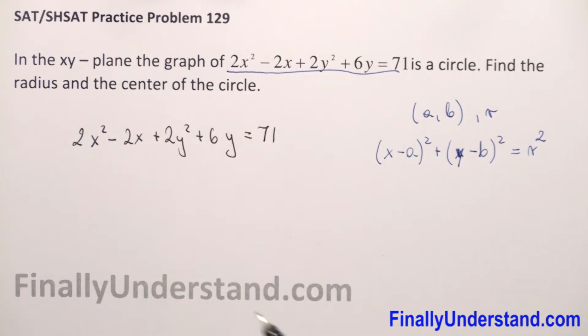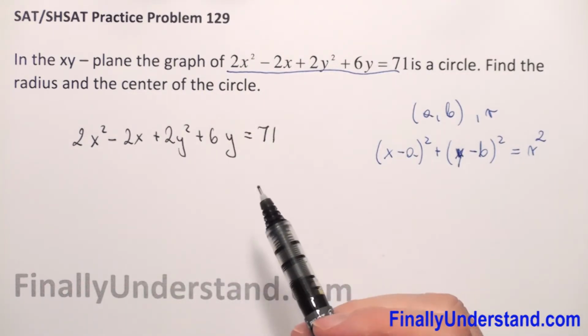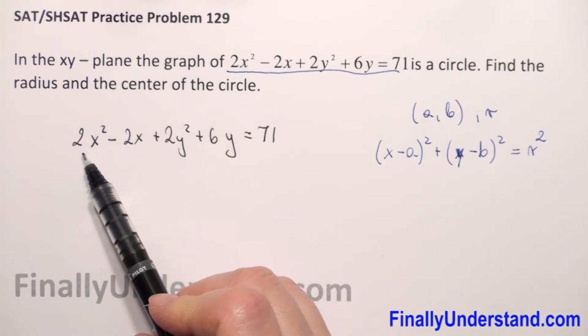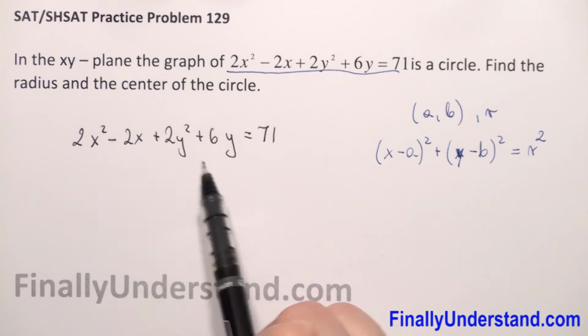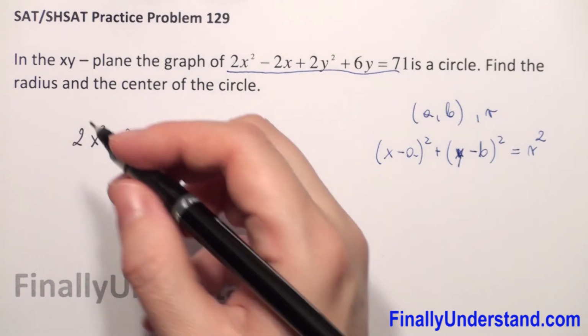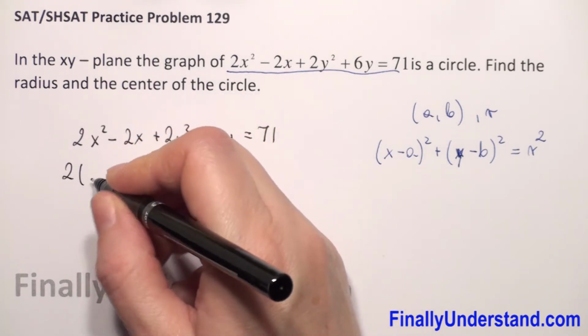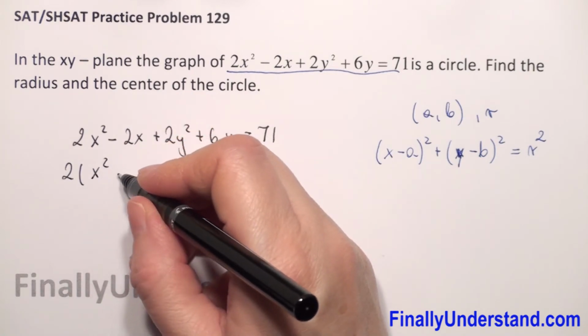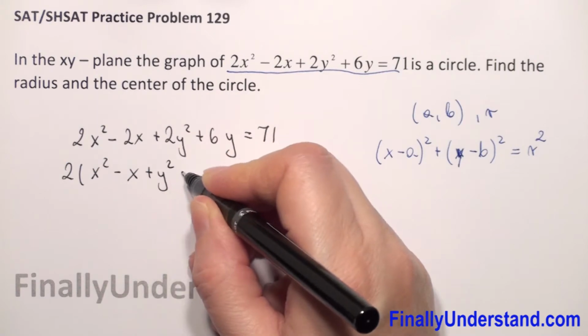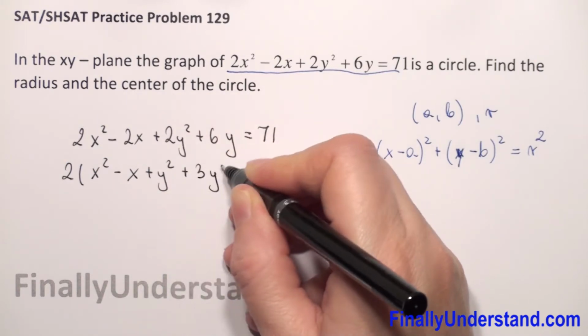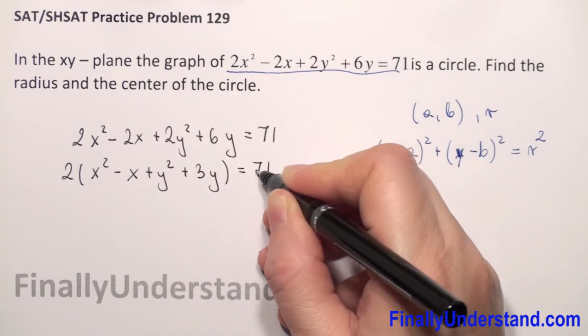What first? Because we have coefficients 2, negative 2, 2, 6, I will factor out 2 on the left side. So we will have 2 times (x squared minus x plus y squared plus 3y), equal to 71.